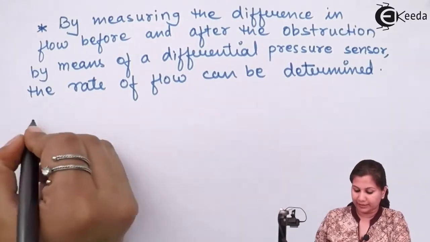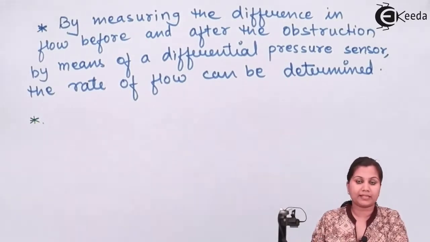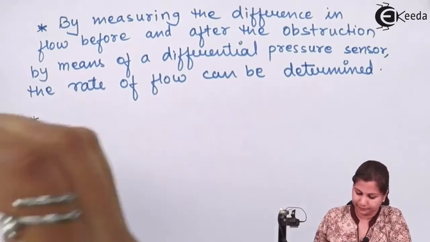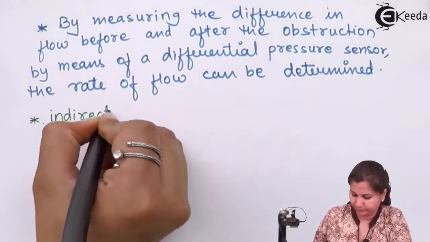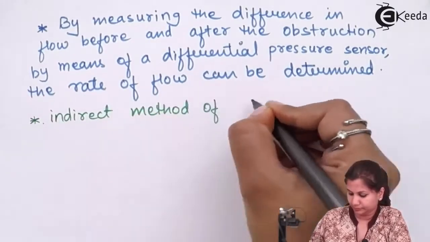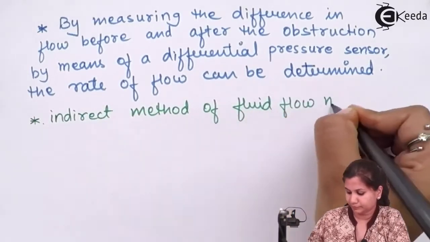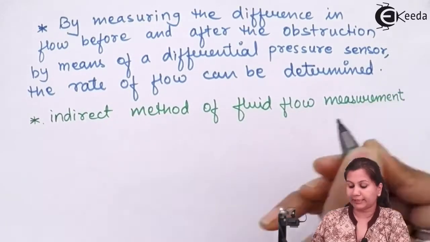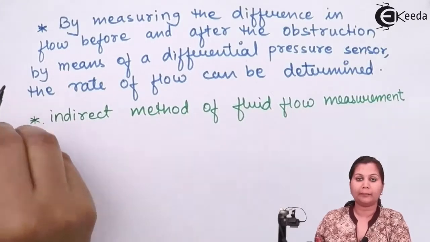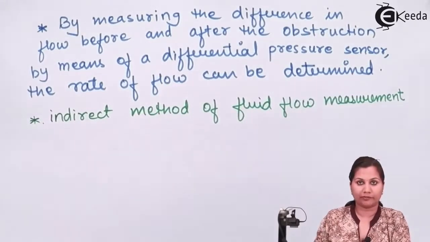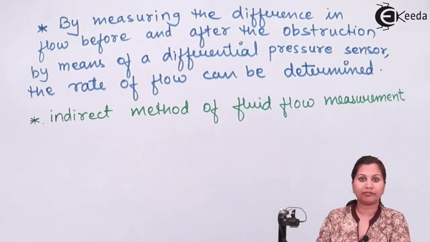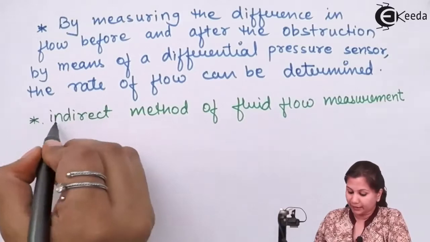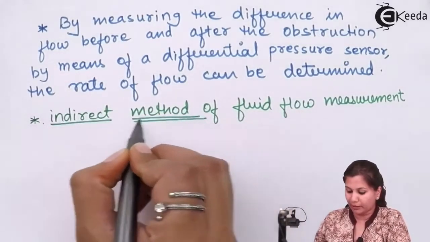We can say that these orifice plates are a type of indirect method of measurement, because the orifice plate is not measuring the flow rate of the fluid directly, but it is measuring the pressure difference, and by measuring the pressure difference, it is finding out the rate of the flow.